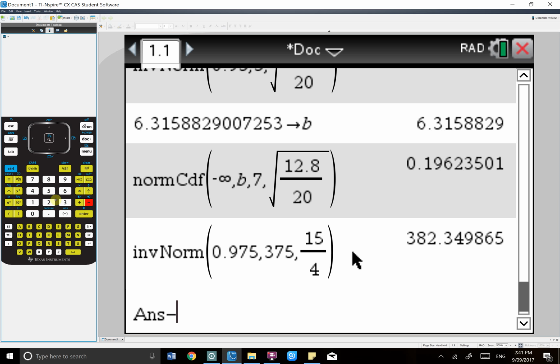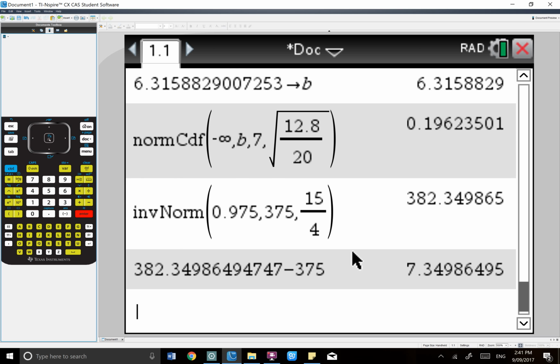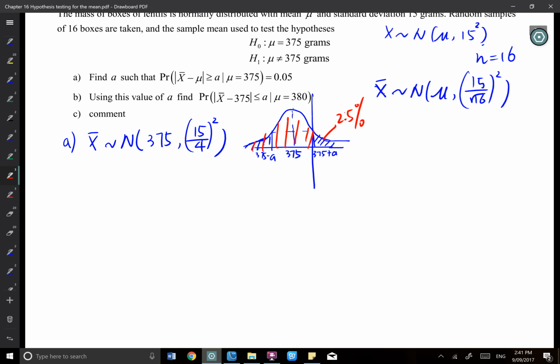I have that value. I will subtract 375 from it. Do you know why I subtracted? Mu plus a is 375 plus a, right? So what I have is the probability x bar less than 375 plus a equals 0.975.